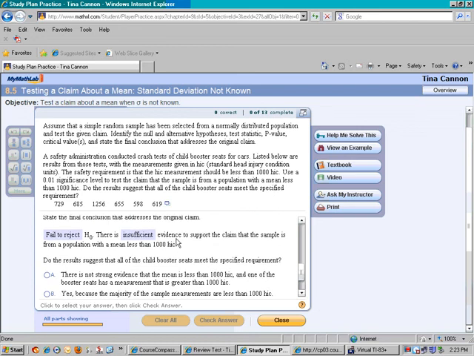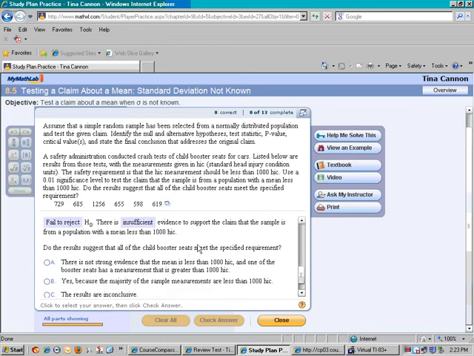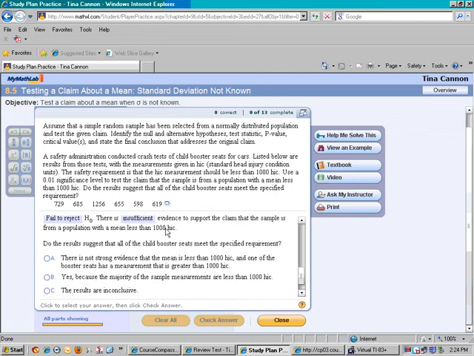It says, do the results suggest that all child booster seats meet the specified requirements? If you look up at the top, a Safety Administration conducted crash tests, and these are listed below. Notice the safety requirement is that the measurement should be less than 1,000. And we are claiming that the sample is from a population with a mean less than 1,000. We just found out that there's not enough evidence to support that.